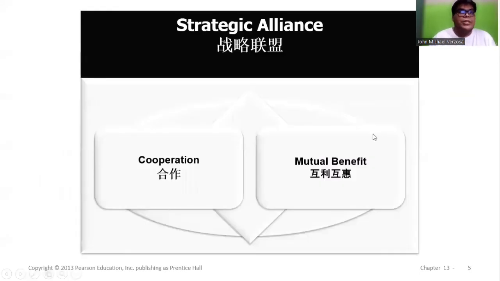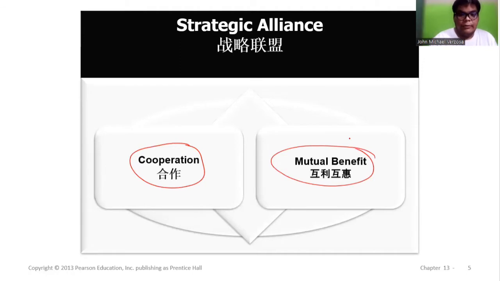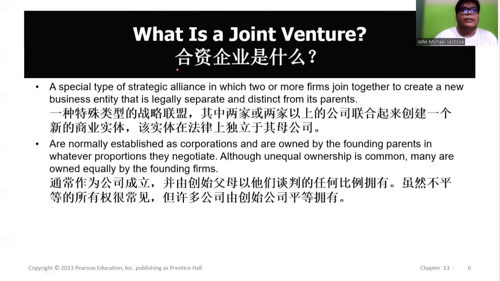So strategic alliance is all about cooperation and mutual benefit. It is important for all the parties involved to maintain this relationship. This is our focus for tonight.